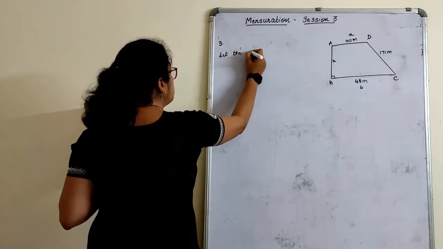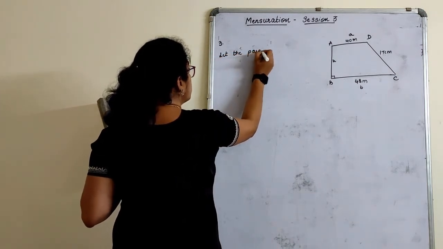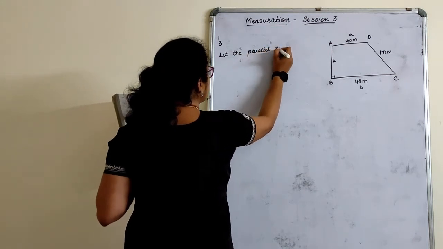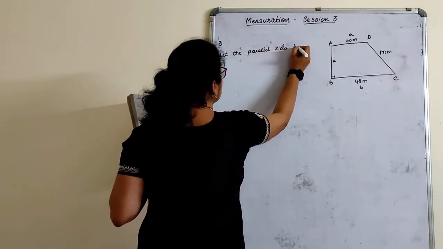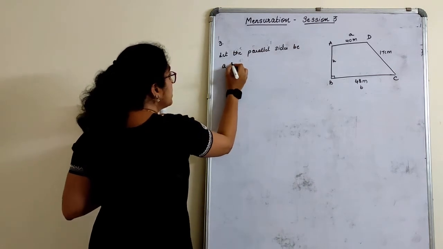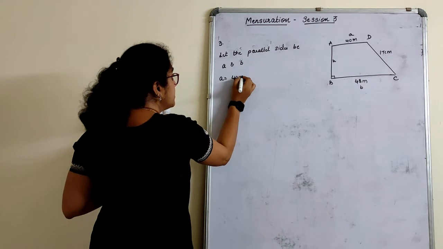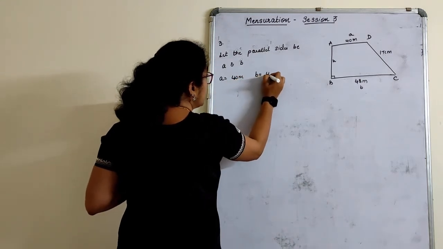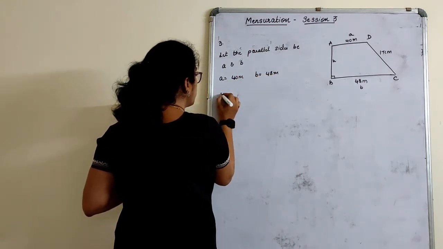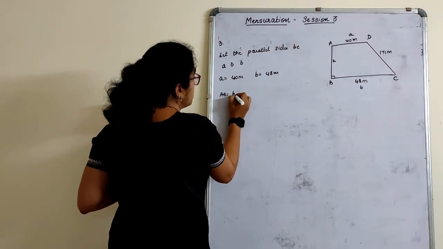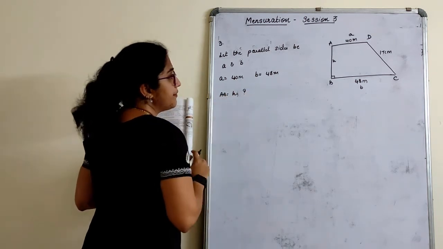Let the parallel sides be A and B, where A is equal to 40 meter and B is equal to 48 meter. AB is equal to height, that is what we don't know, we have to find.